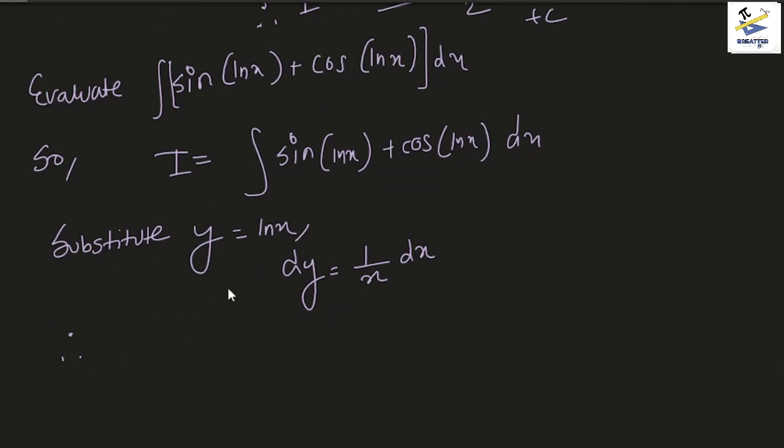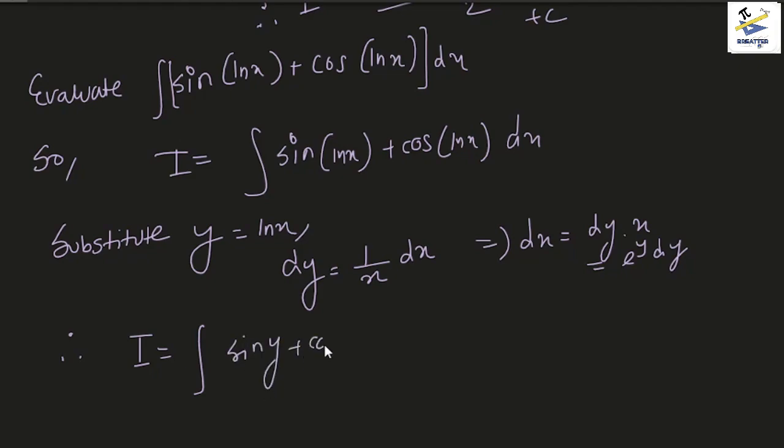Therefore, from this you can see that dx is basically equal to dy into x, but we need it in terms of y, so x is basically e to the power y, so dx is basically e to the power y dy, right? So the integral becomes (sine of y plus cos of y) whole into e to the power y dy.